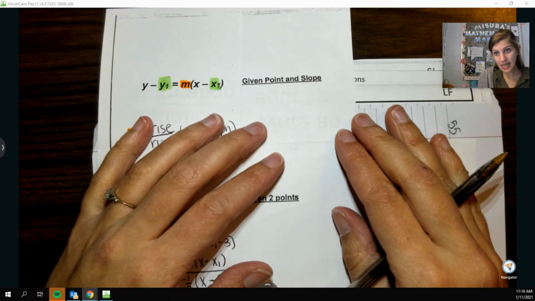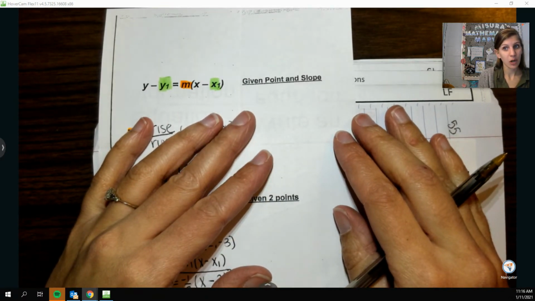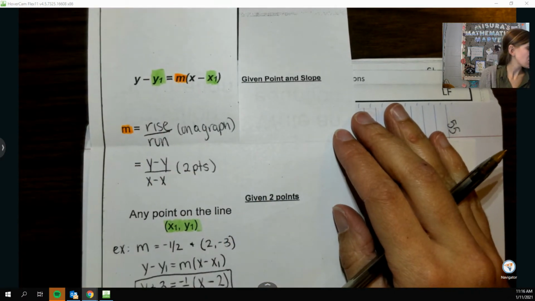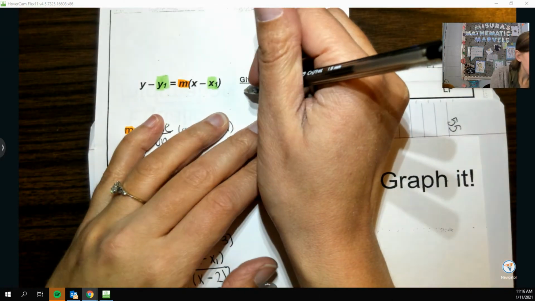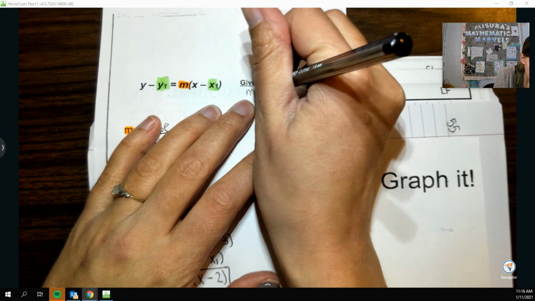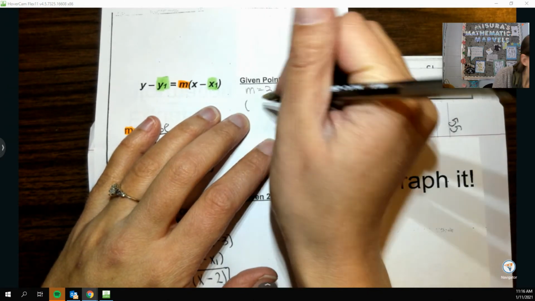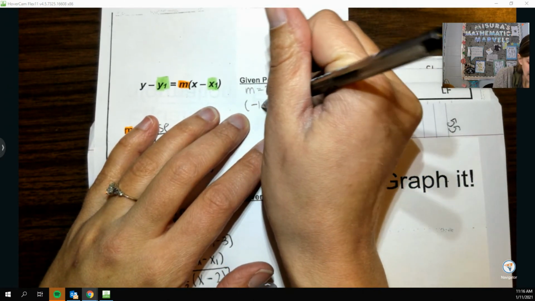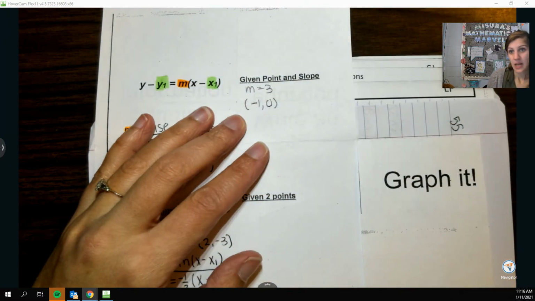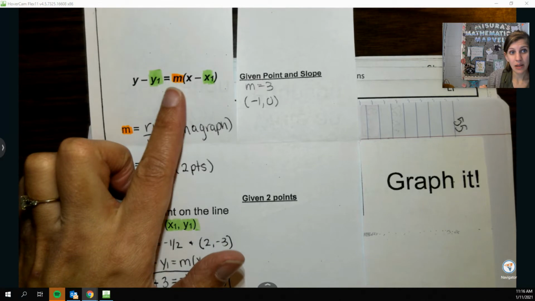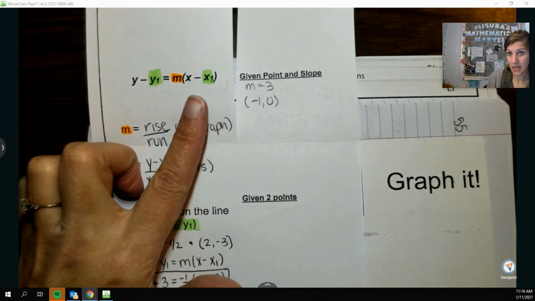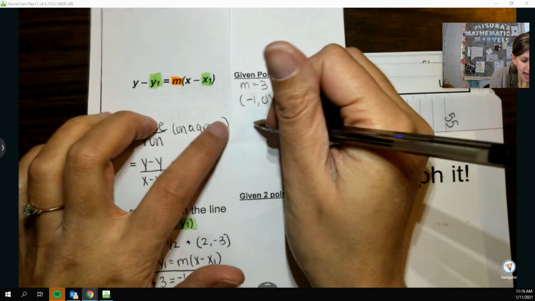So best case scenario for point slope form is they tell you the slope and they give you a point. So let's say they tell you the slope is 3 and a point on the line is -1, 0. If they tell you exactly that, then you have exactly what you need to fill in all the letters that you need. You always have to have an x and a y left behind.